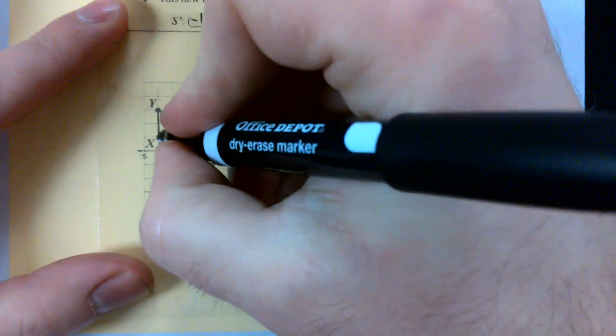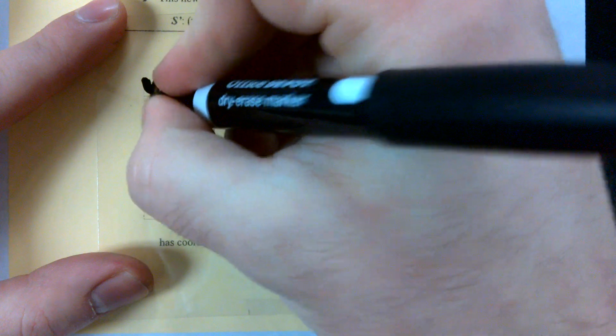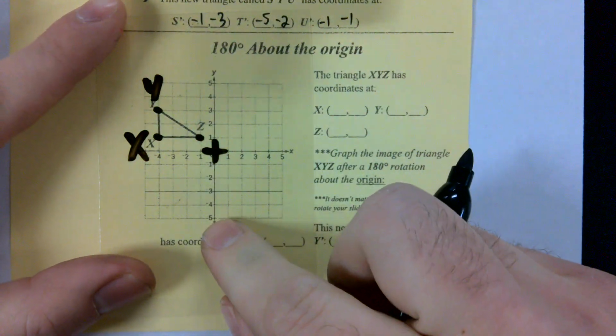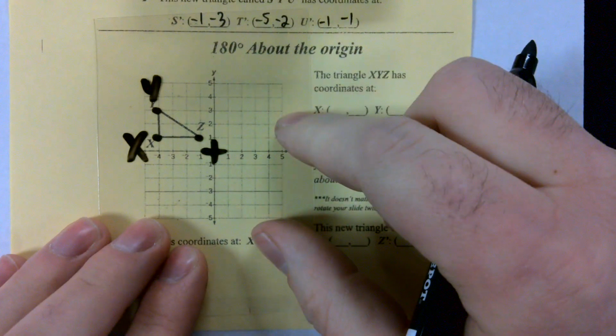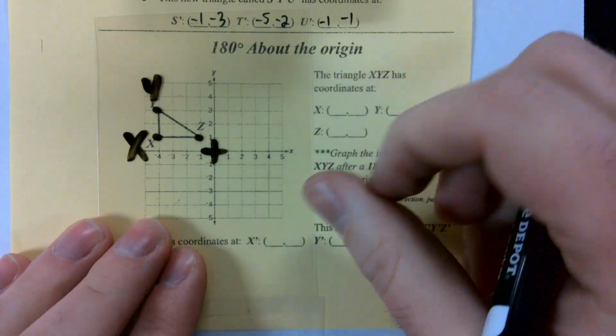Draw our plus at the origin, x, y, z. Again, we're doing the same exact thing. Starting out these problems is always the same. Now we just have to make sure we're going in the right direction and the right amount of times.